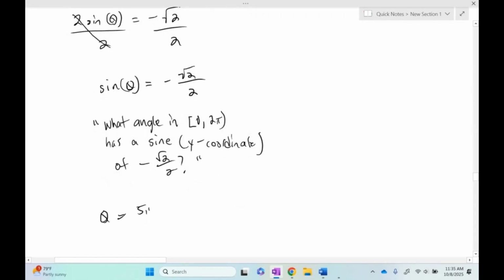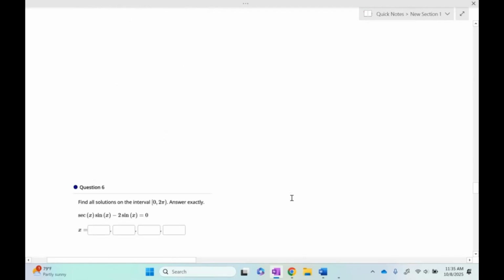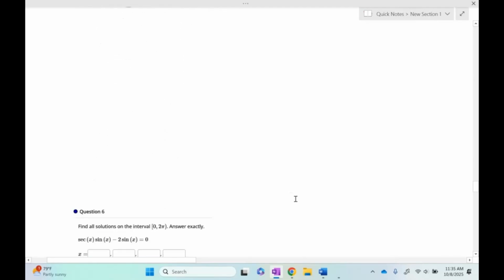So theta is equal to 5 pi over 4 and 7 pi over 4. So this had two solutions. All right, so it seems like the linear problems are pretty straightforward.